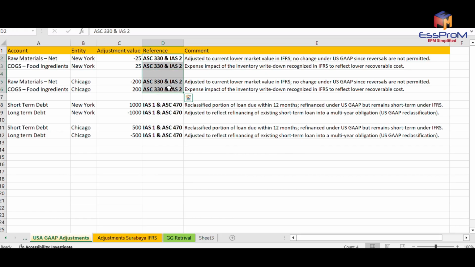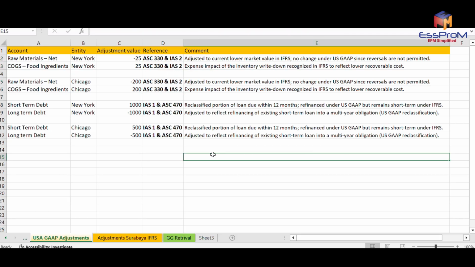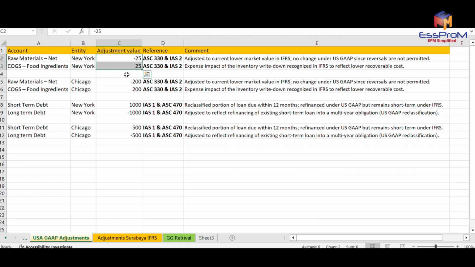This is under ASC 330 and IAS 2, as it only cares about the price at which the product is sold after purchasing the raw materials, but the IFRS will allow the adjustments as per the market value of the product, even before the sale of the product. So you can see the adjustments for New York at the account raw materials net and also COGS. Same in the case of Chicago.